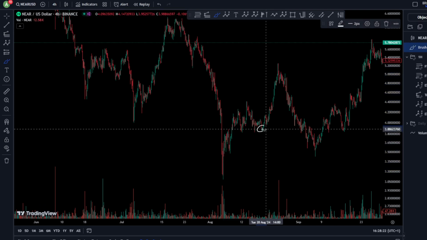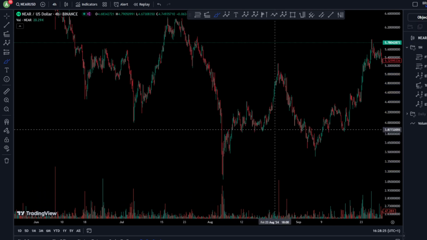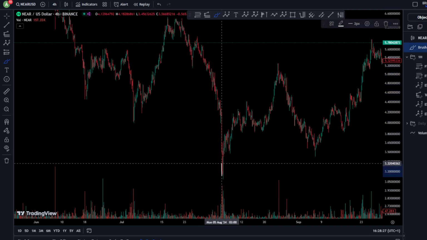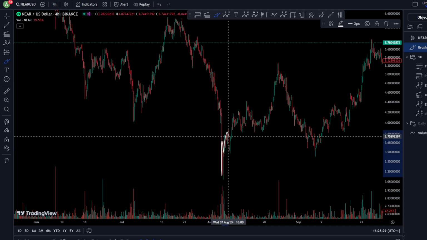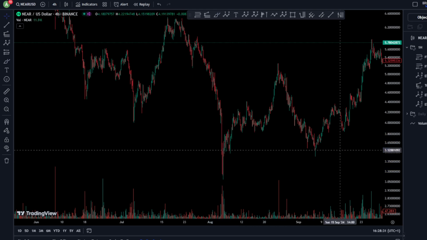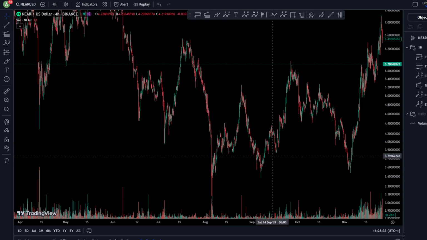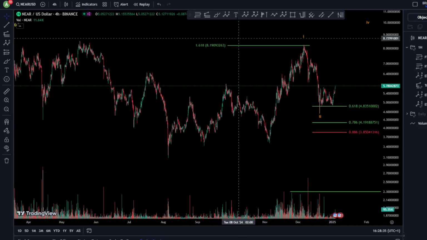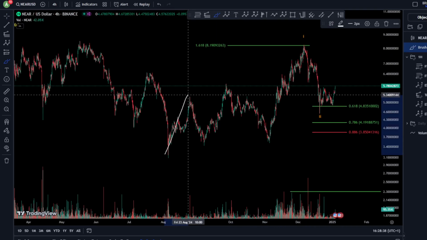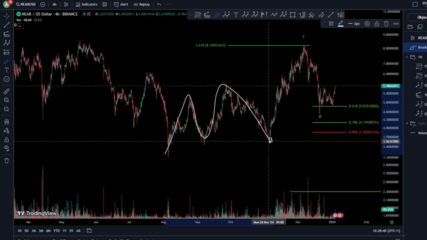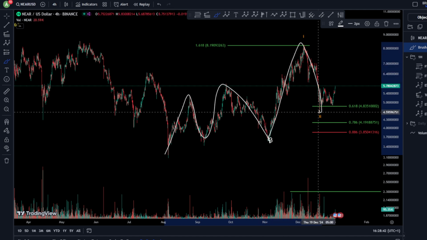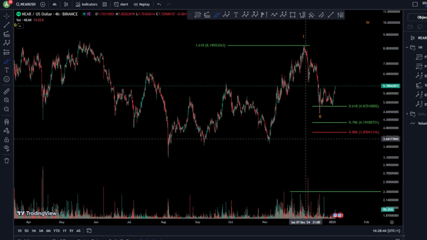Your wave 4 did not interfere with your wave 1, I think. Because this is your wave 1 probably here, A, B, and a C. Yeah, that's perfect. So we can call this a wave 1 here, and then ABC as a wave 2, and then 3, but look at your wave 4, it has totally invalidated.